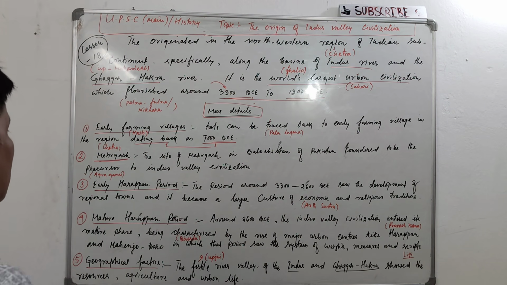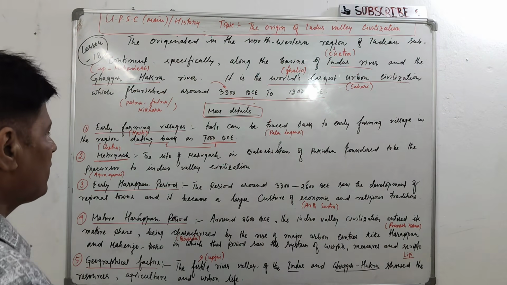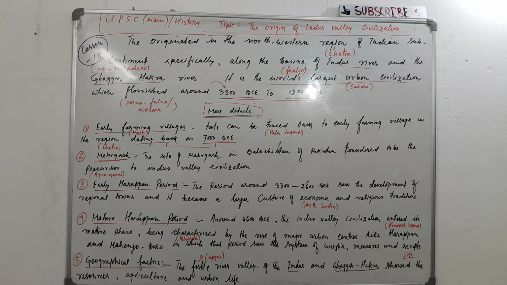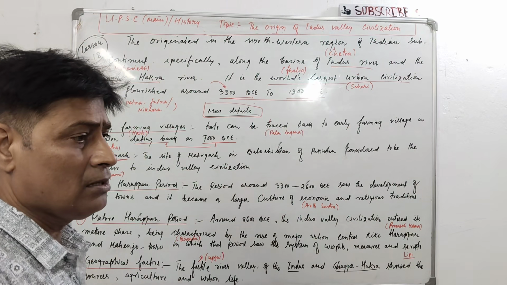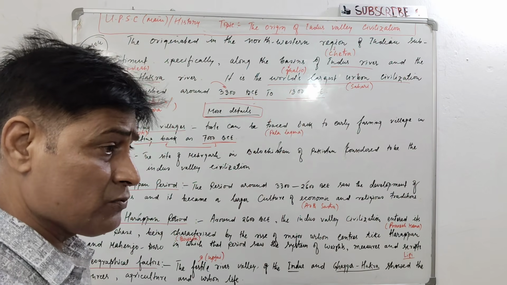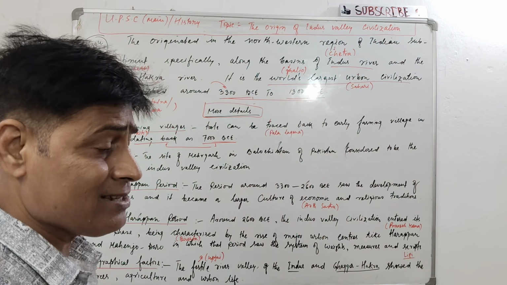Mehergarh is a site of Indus Valley civilization. It is now in Balochistan of Pakistan, and it is considered to be the precursor to the Indus Valley civilization, one of its oldest traces.